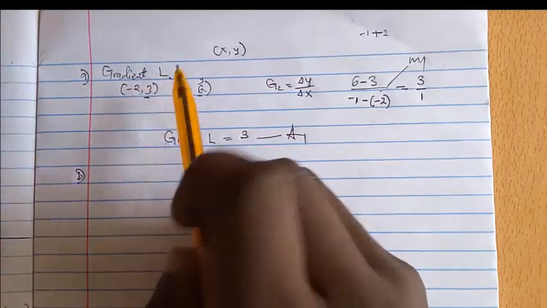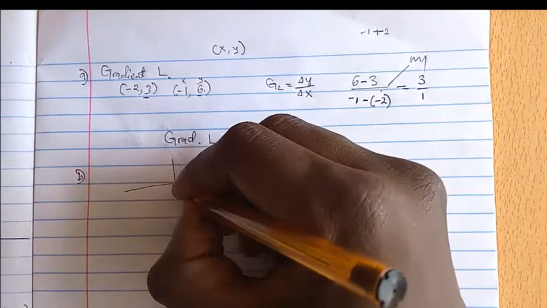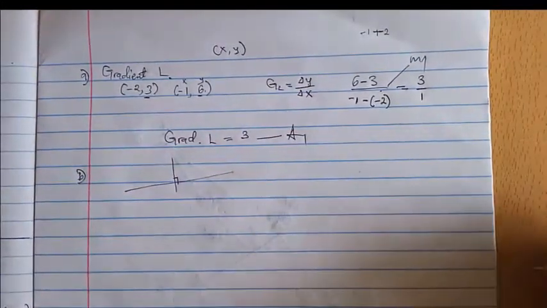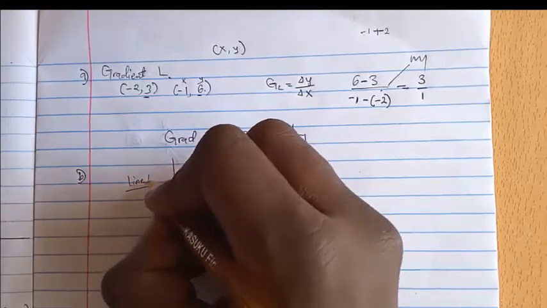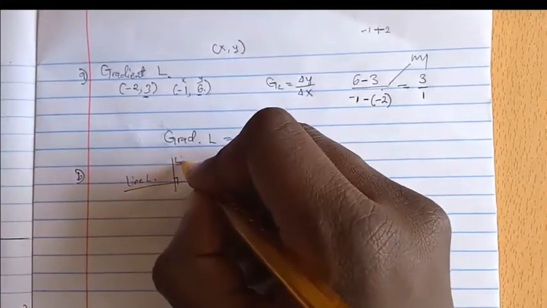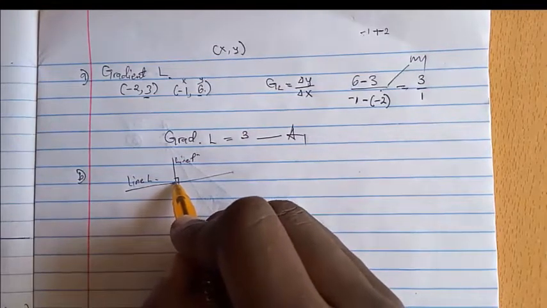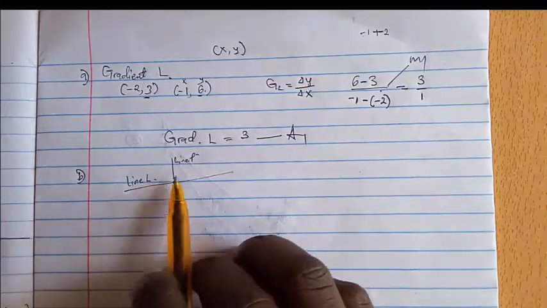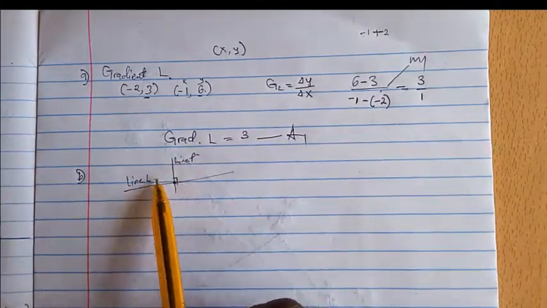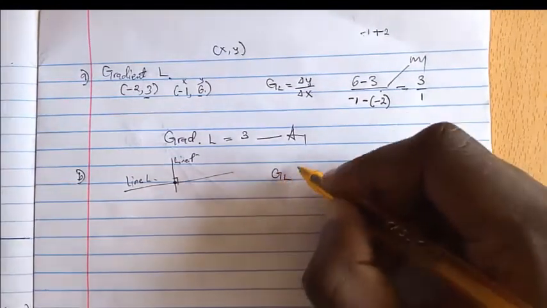So if this is line L and this is line P, we notice that these 2 lines meet at an intersection point. Therefore, with respect to the relationship between perpendicular lines, we notice that the gradient of line L multiplied by the gradient of line P should be equivalent to -1.